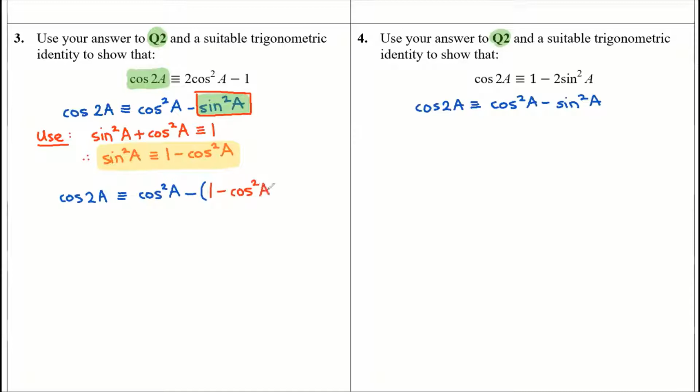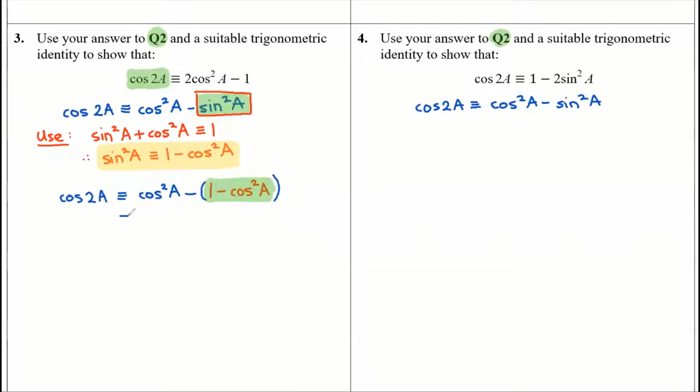And notice how careful I'm being with the signs here. I'm subtracting the sine squared a, so I have to subtract all of this. So I have to put it in brackets. If you don't do that, you'll get the wrong result. So please be very careful.